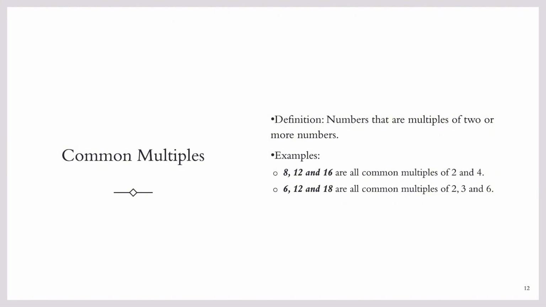Similarly, in the second example, 6, 12 and 18 are all common multiples of 2, 3 and 6. That makes 2, 3 and 6 common factors of 6, 12 and 18. Multiples and factors are the left and the right hand sides of the equation.